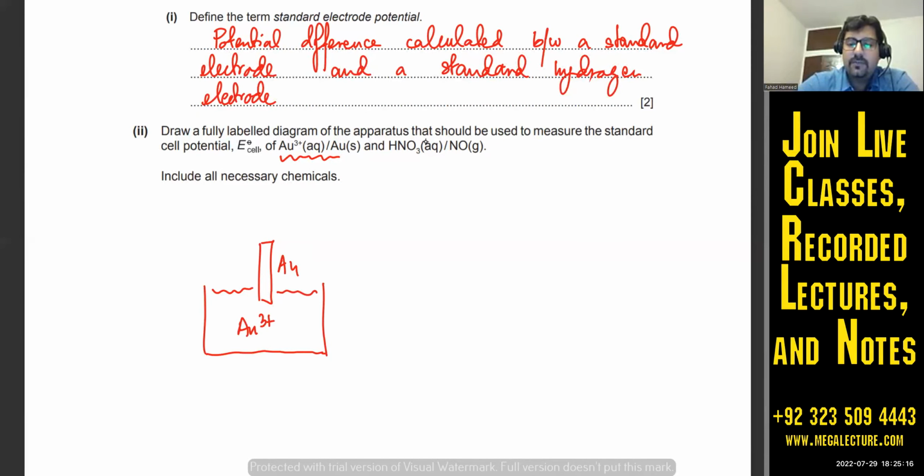So for a gas, you would need a gas jar. And the NO gas will be pumped into this gas jar. And in that gas jar, there's going to be a platinum electrode.